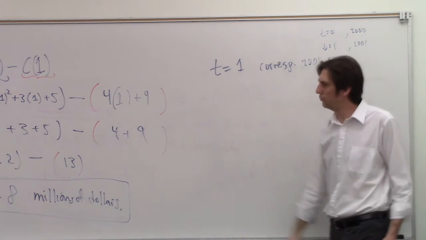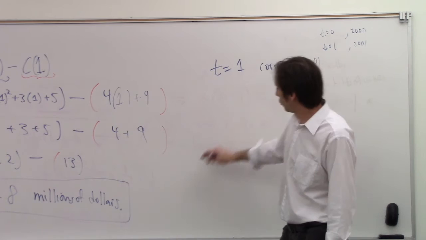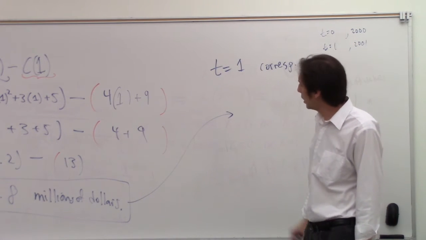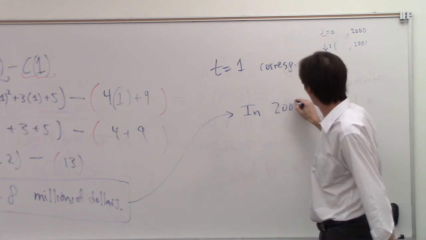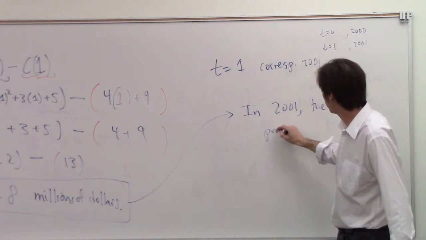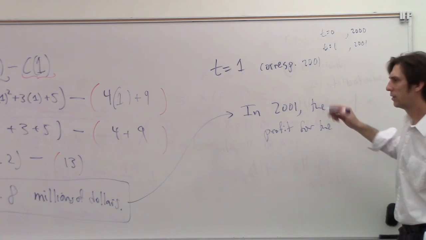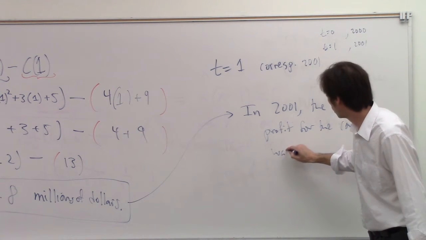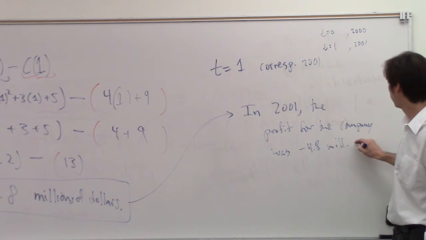All right, so P of 1 equals negative 4.8 millions of dollars. The way that I can interpret this is to say something like this. In 2001, the profit for the company was negative 4.8 million dollars.